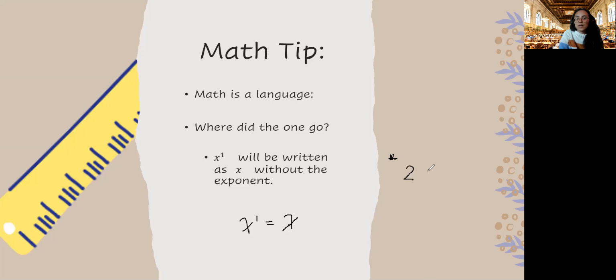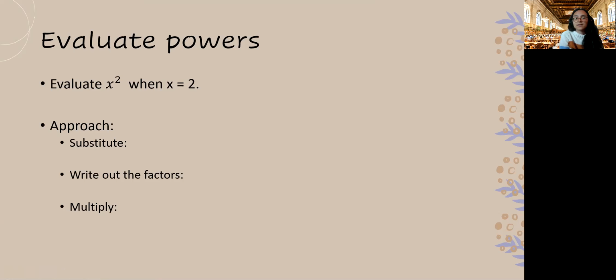So now we're going to evaluate x squared when x is equal to 2. As you notice, all of these concepts build off one another. So we're going to substitute x equal to 2 when we have x squared. Our first step is to substitute.